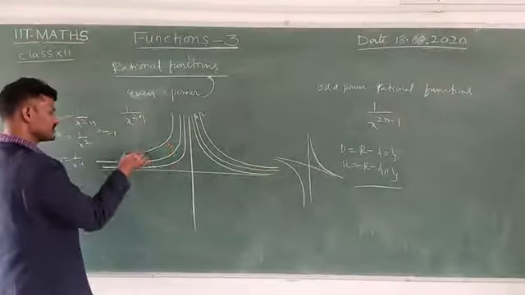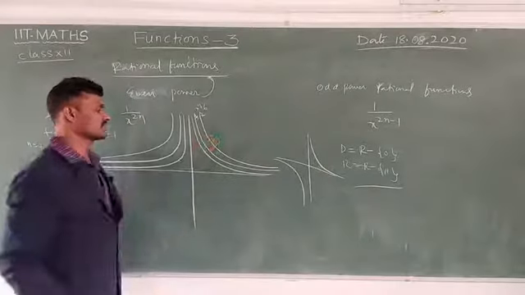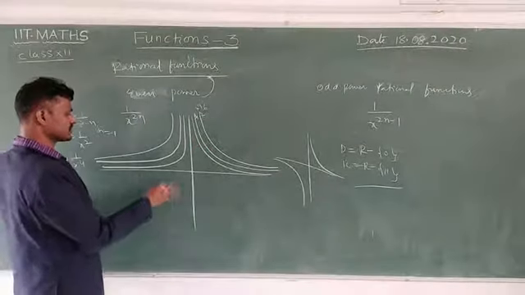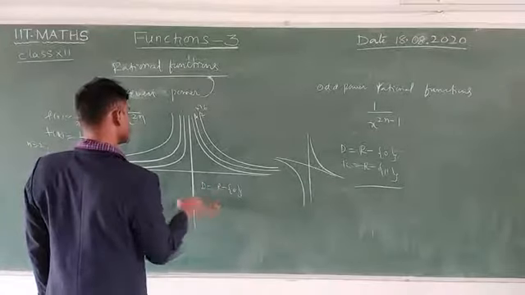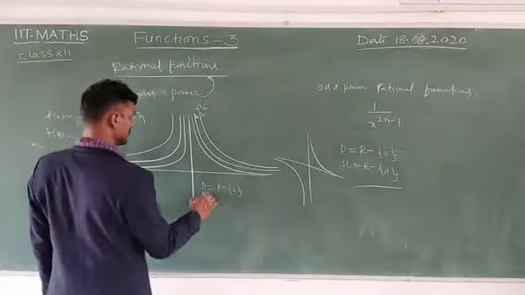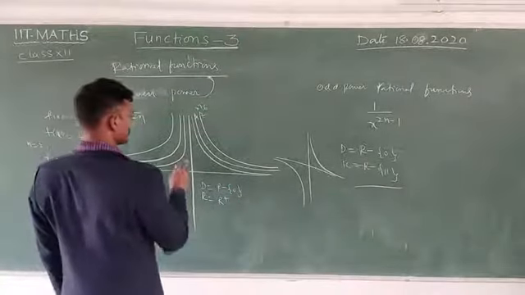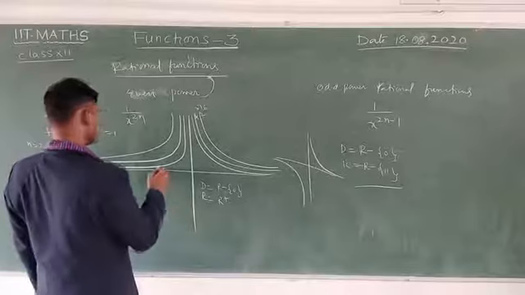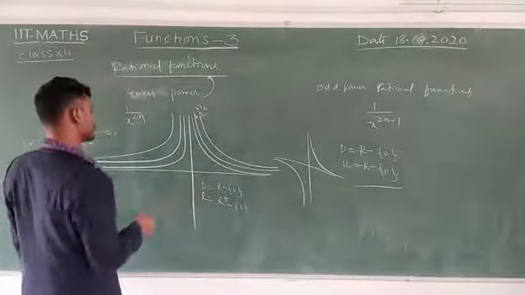Here the domain is R minus the set of 0, and the range is R plus. 0 is not possible.